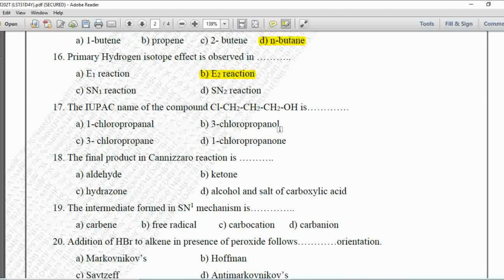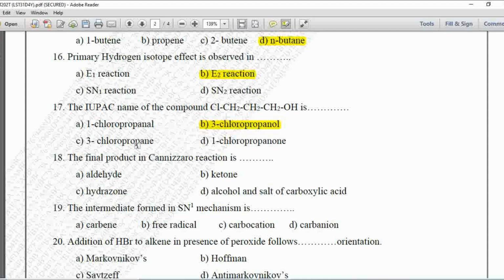If we number the carbon atoms 1, 2 and 3, these are the 3 carbon atoms, and at the third carbon the chlorine group is attached, and it has the functional group OH. So this is the correct answer for this MCQ, that is 3-chloropropanol. 3-chloropropane is also a wrong answer, because it is an alkane compound where ours is an alcoholic compound, and this one is a chloropropanone. This is also a wrong option. So the correct option is 3-chloropropanol.